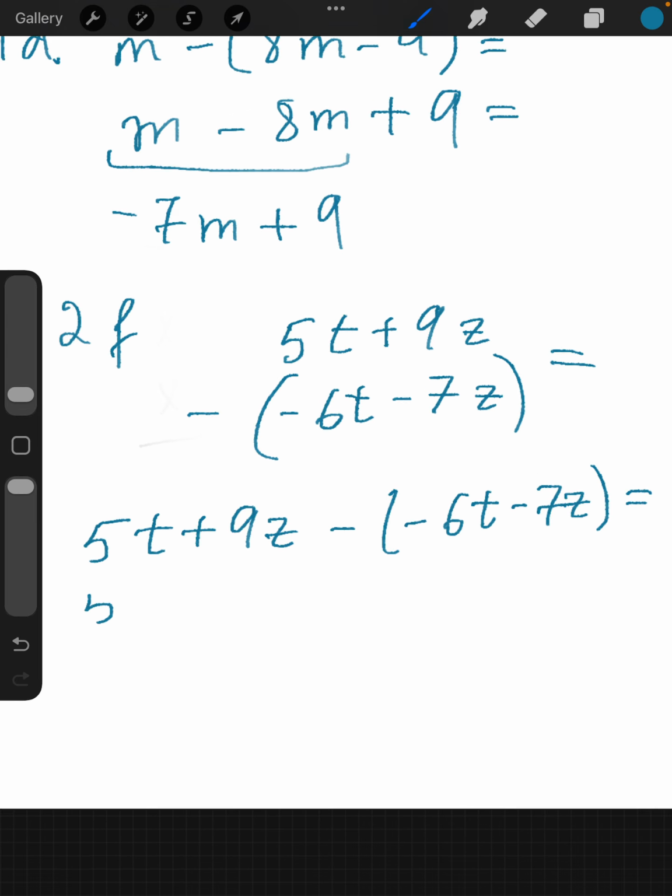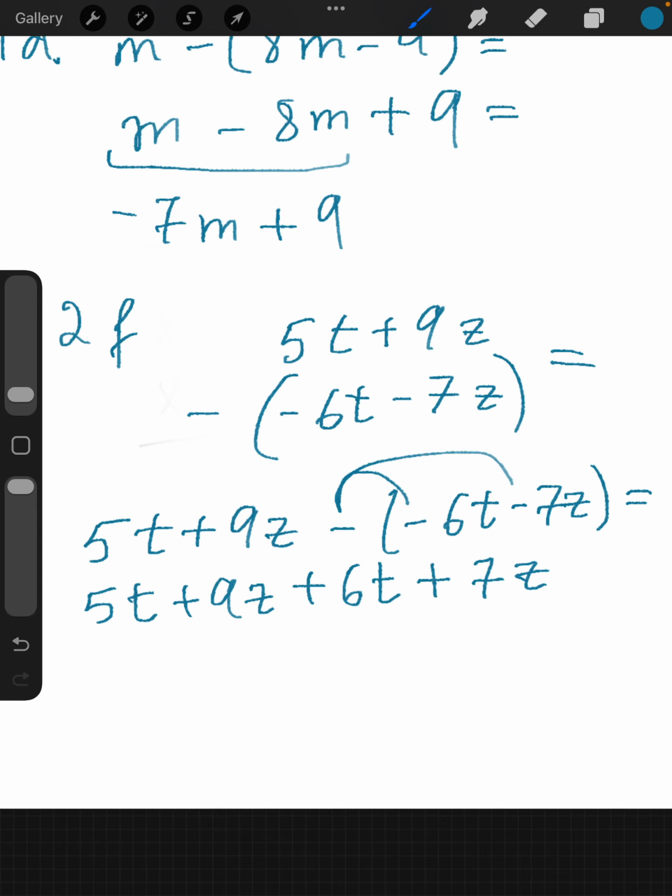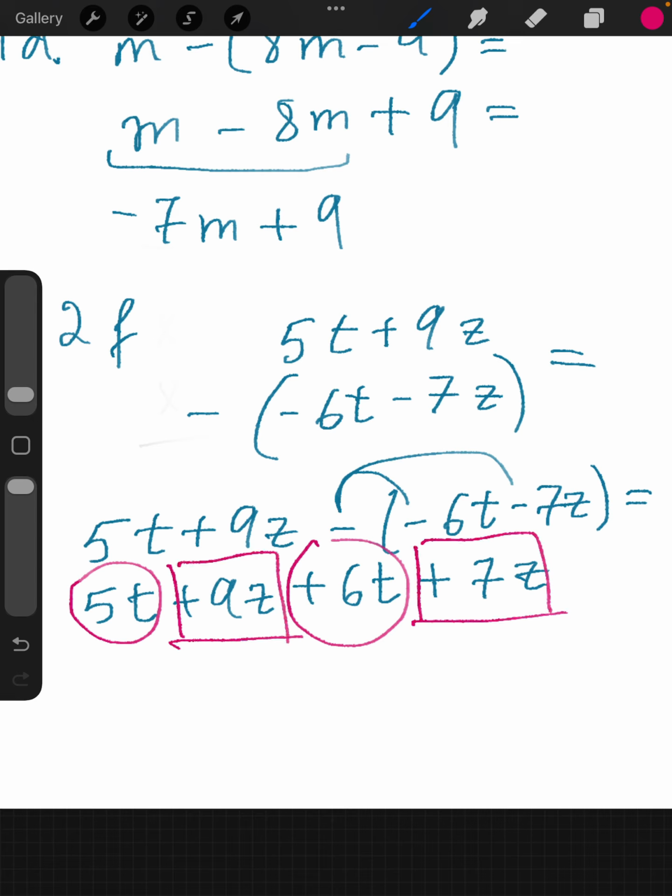So we've got 5t plus 9z plus 6t plus 7z. Then what we're going to do is look at the like terms, right? Combine them together, as we usually do.